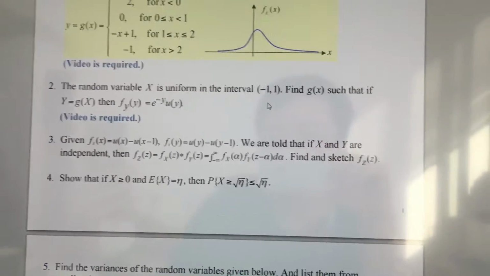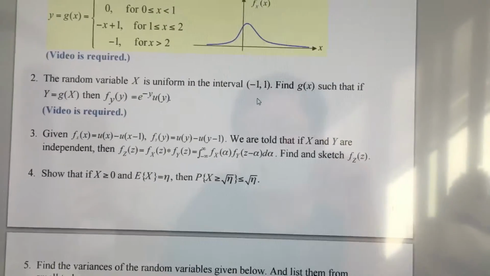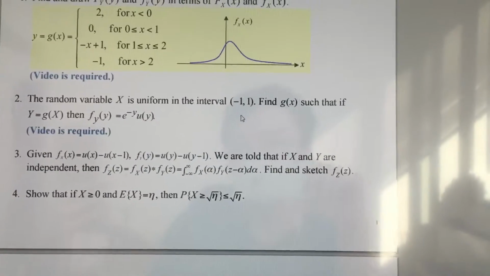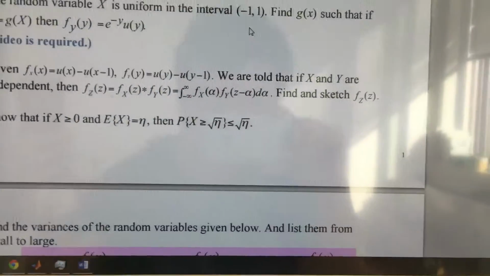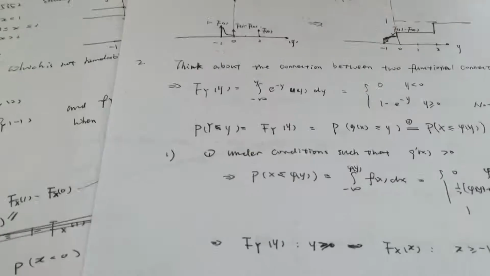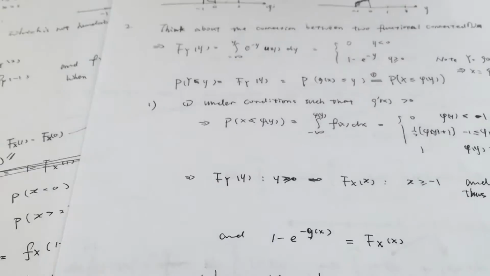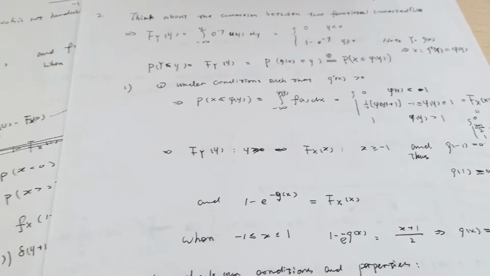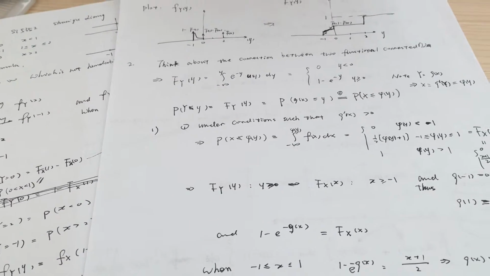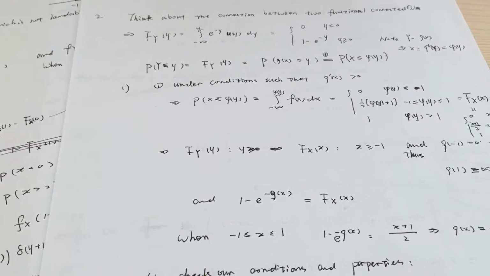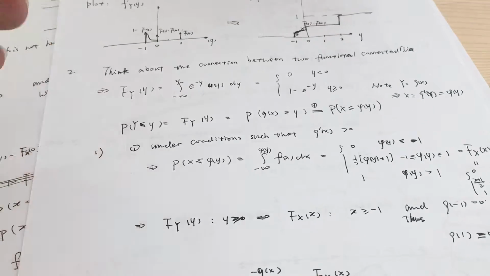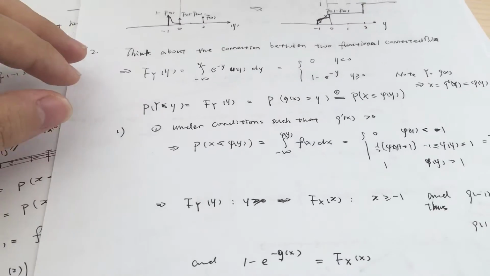So this question gives us the density function of f_X and the density function of f_Y, and we need to find the mapping between these two random variables. First, think about the connection between two functionally connected random variables, which in this case are x and y.